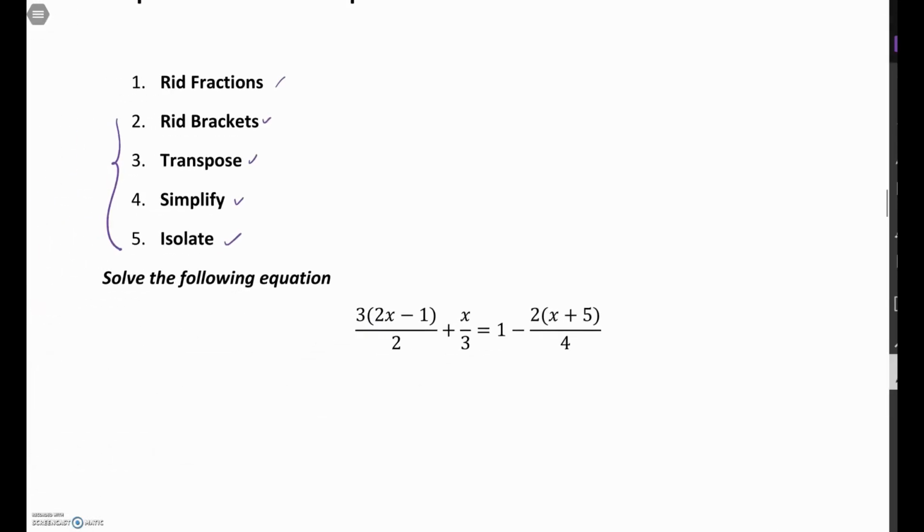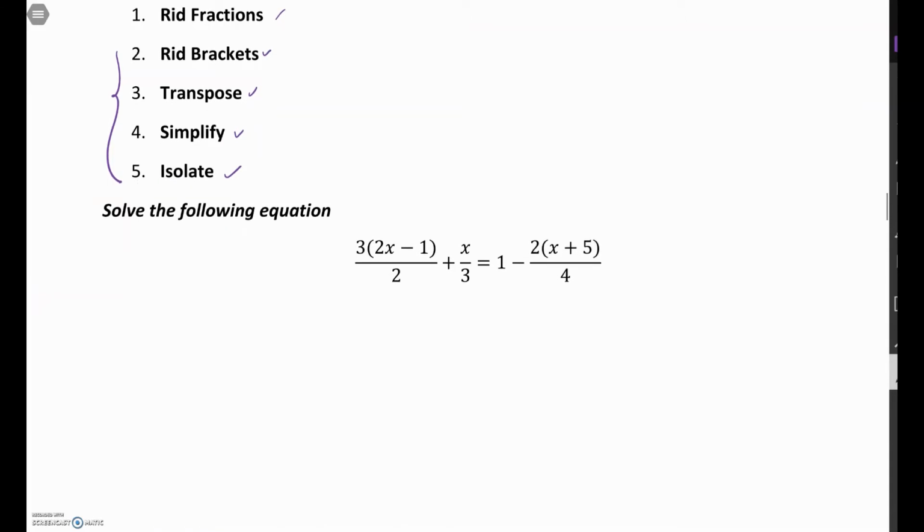Technology again, folks. You've seen an equation like this, except you didn't have the bottom numbers. So we are going to show you how to solve this problem. The first thing you see here, step number 1, is to get rid of the fractions. So the fractions, 2, 3, and 4 are in the denominator.